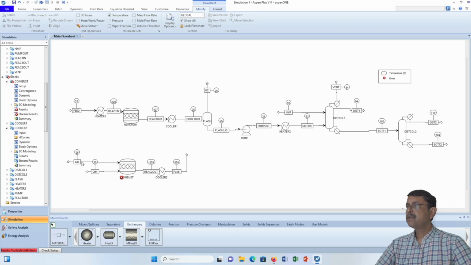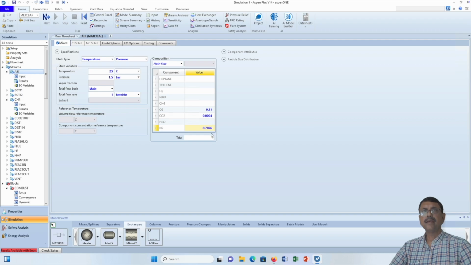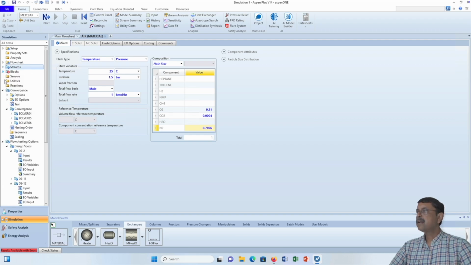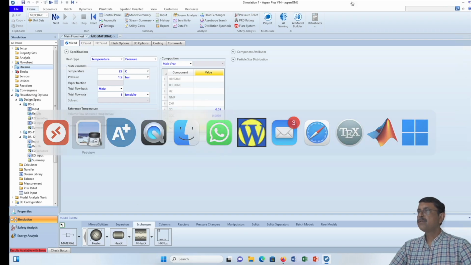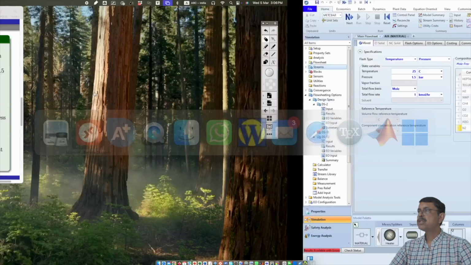We have given only 1 kilomole per hour. So enough oxygen is not there. We have forgotten over here to add a calculator block, because you saw this option, right? It says that flow rate of air should be 10 times that of methane. So that we have to ensure.